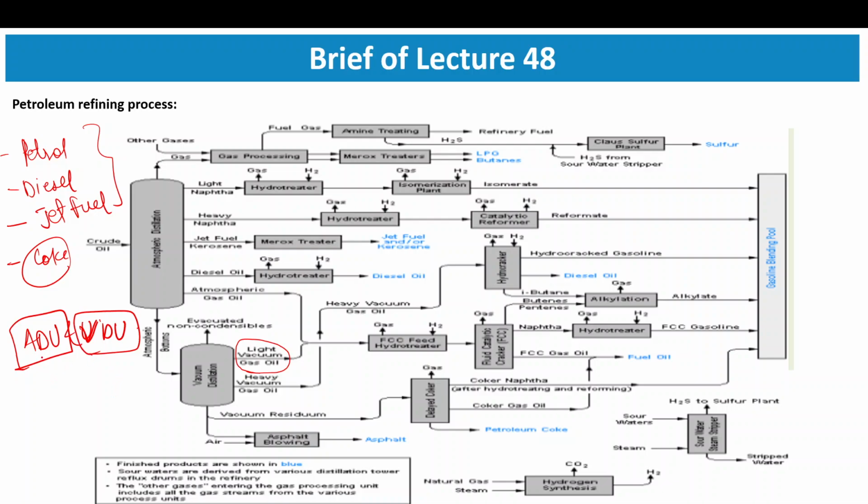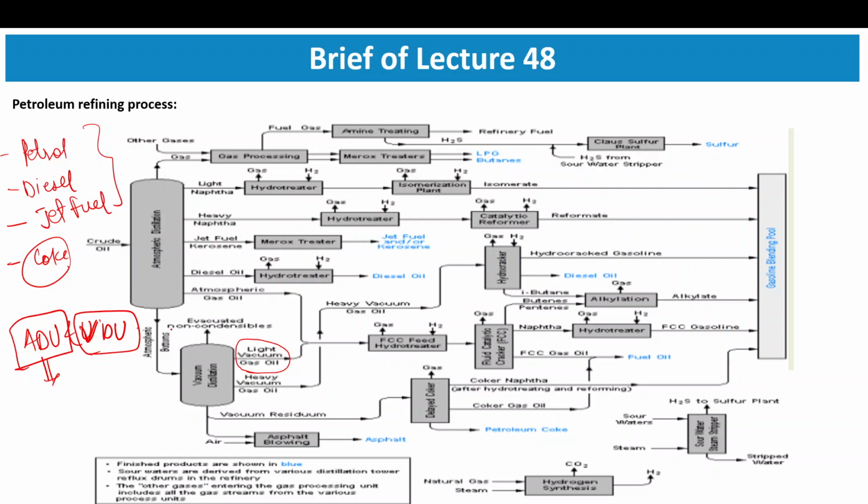ADU is a distillation column where crude oil is separated into various fragments under atmospheric pressure condition. But this crude oil has thousands of products in it, which are fragmented into gasoline, diesel, jet fuel, etc.